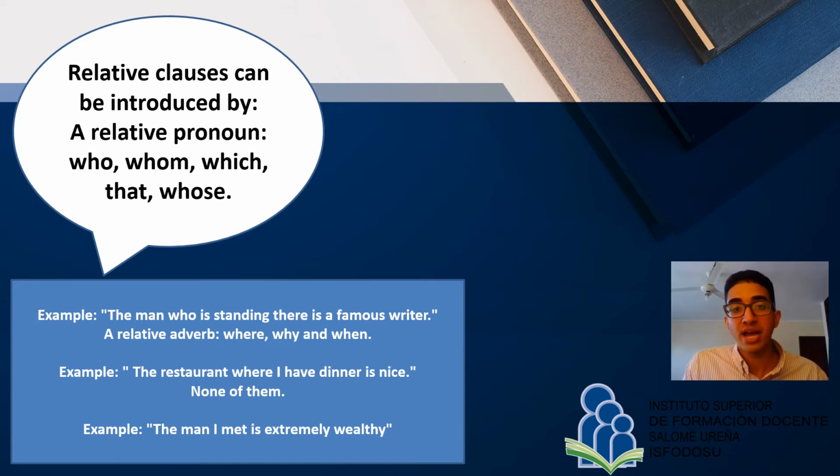We use the relative pronoun who because we are referring to a person, right? Now, we can also introduce a relative clause using a relative adverb. For example, we have where, when, and why. The restaurant where I have dinner is nice. We use the relative adverb where because we are referring to a place. We are referring to a restaurant. Let's move on, guys.